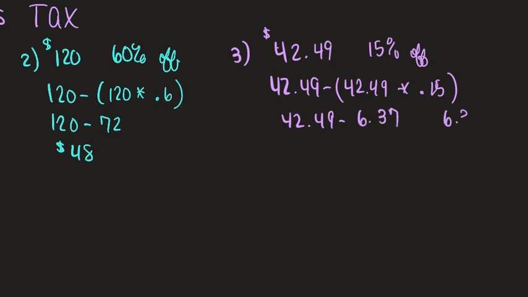It was 6.3735. This 3 is not big enough to round it up. Subtract, and we get $36.12.